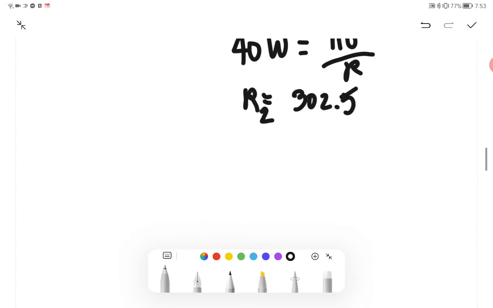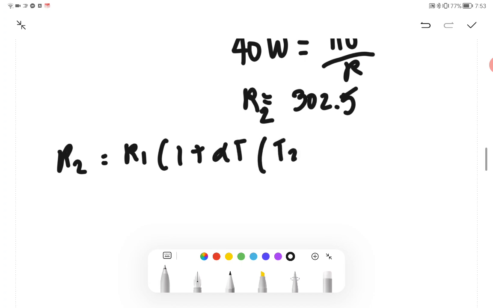Okay? So with that, let's go ahead and write in our formula for resistance. We have R2 is equals to R1 times 1 plus the temperature coefficient multiplied by T2 minus T1.